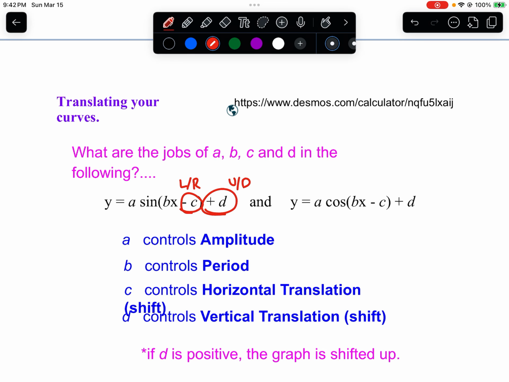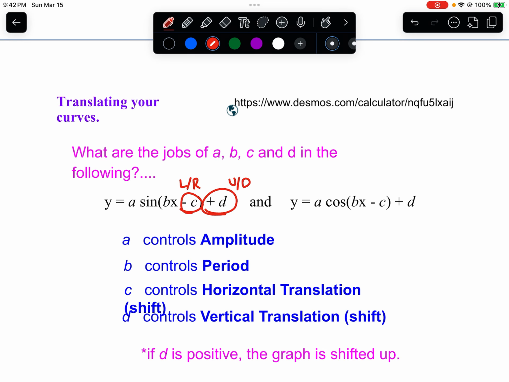If I have a minus C, that is actually shifting it right C degrees or C radians. If it's a positive C, we are shifting it left C radians or degrees. So that one's a little bit backwards from what we would normally think. Again, vertical up, down is normal.